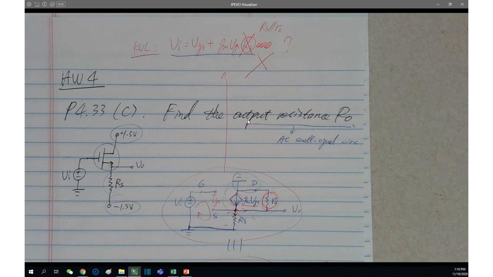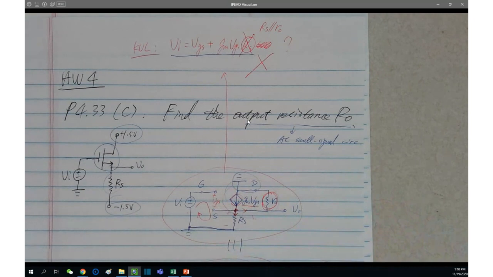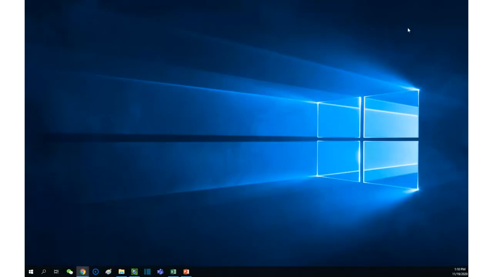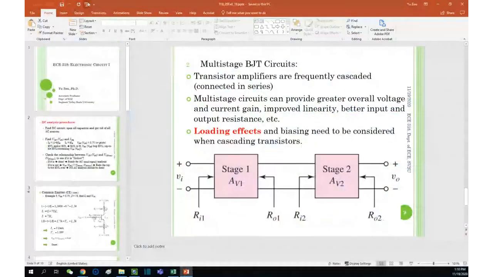And also in the BJT, this is not an open circuit, which makes things even worse. This is one of the problems in the homework. If this is fine, then we go ahead to try to finalize our DC analysis.